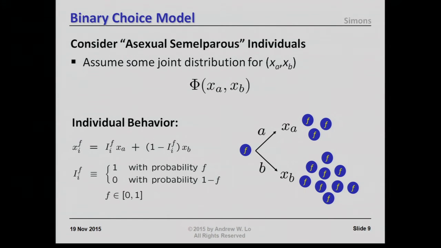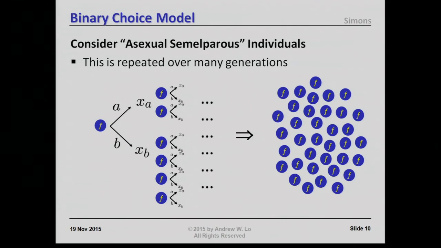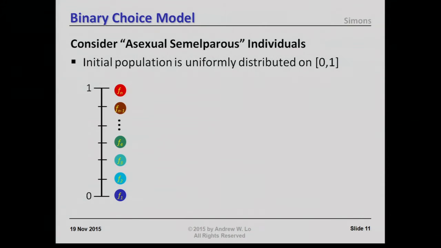Okay? So the idea is that I start out with this individual that chooses using this parameter F, and I let the individual reproduce over many, many generations, and after a while I get a bunch of Fs. So what I want to do is to start with all possible Fs between 0 and 1, including 0 and 1, and let them reproduce.